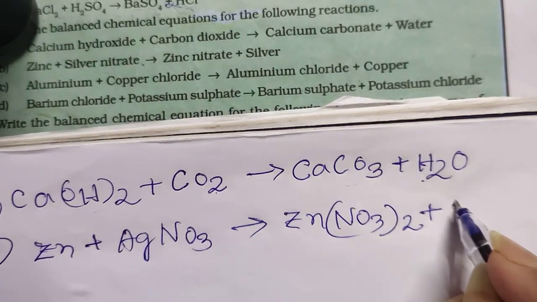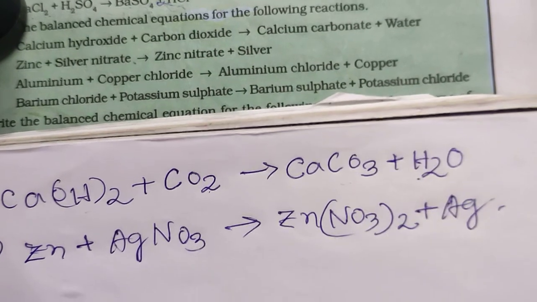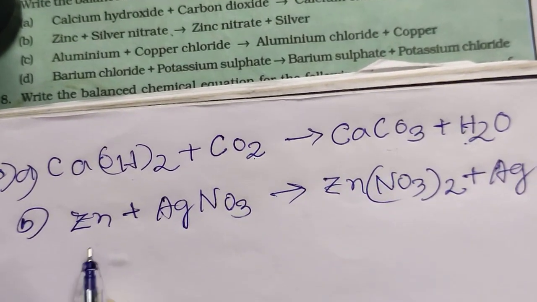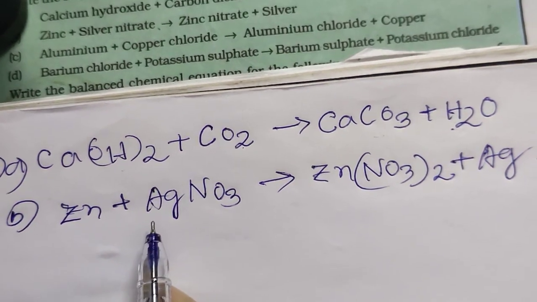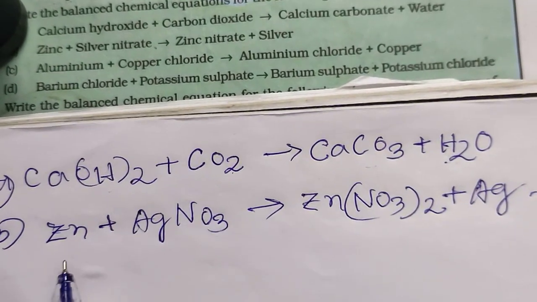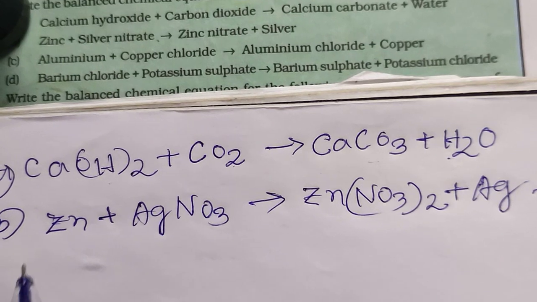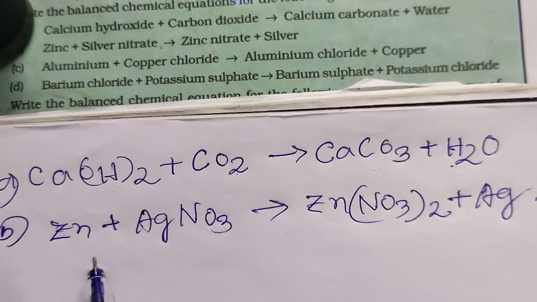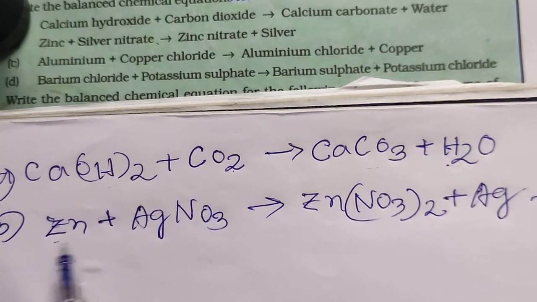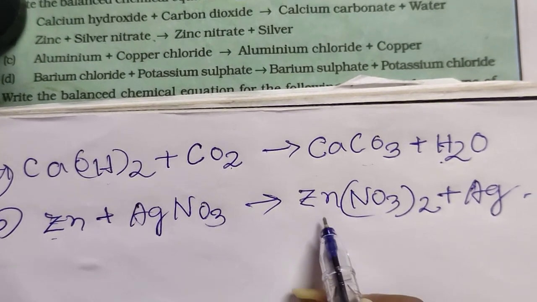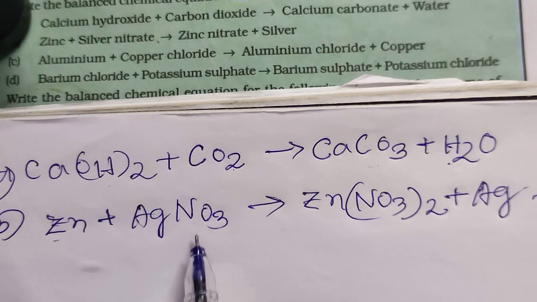Zinc nitrate plus silver. Can anybody tell me the type of reaction? You see, this is one example of a displacement reaction. Next, count the number of atoms on each side. The number of zinc atoms on the left side is 1, and on the product side it is also 1.